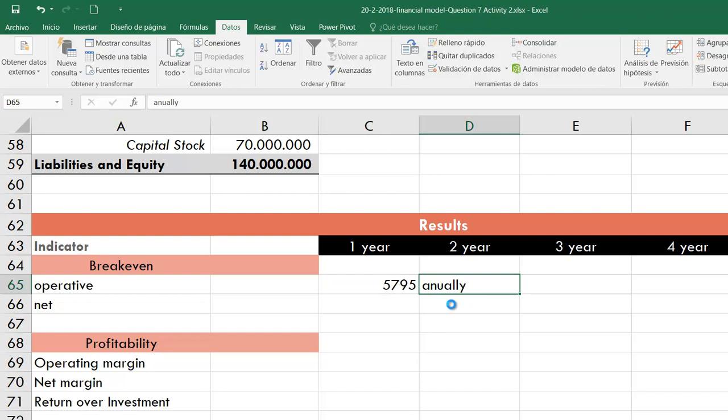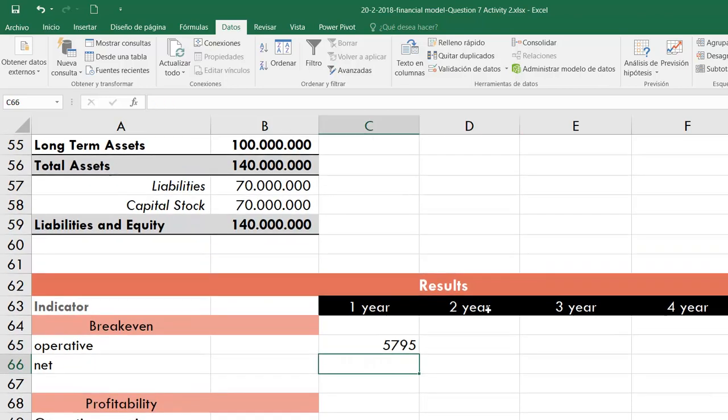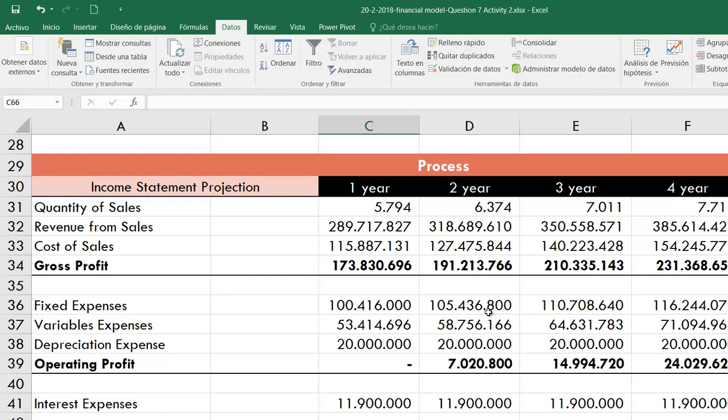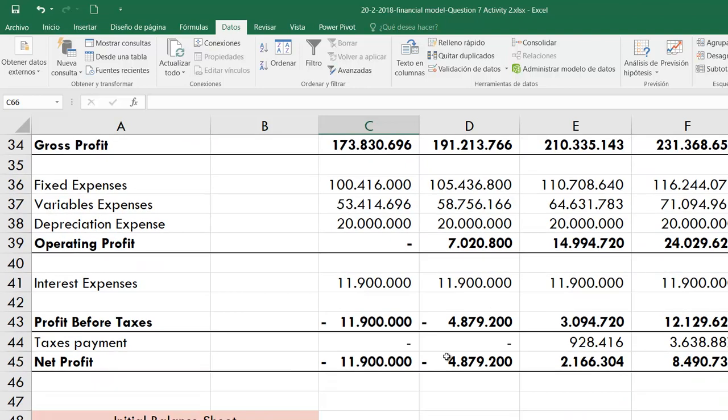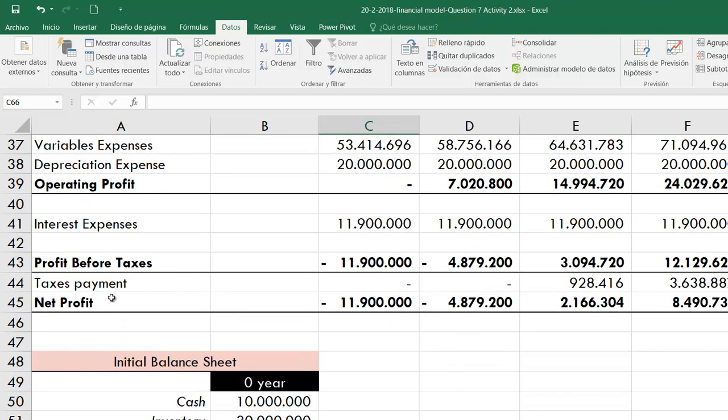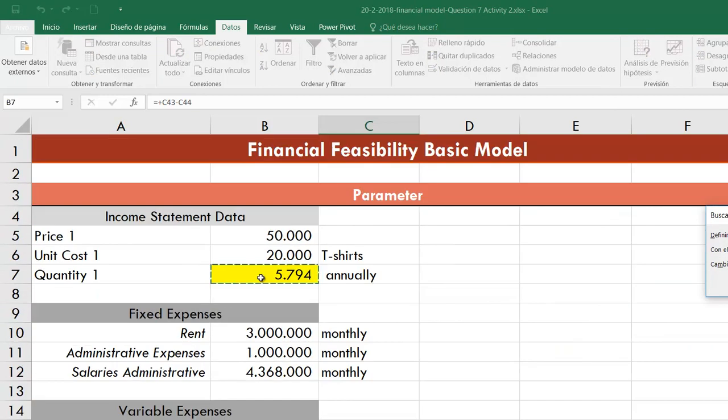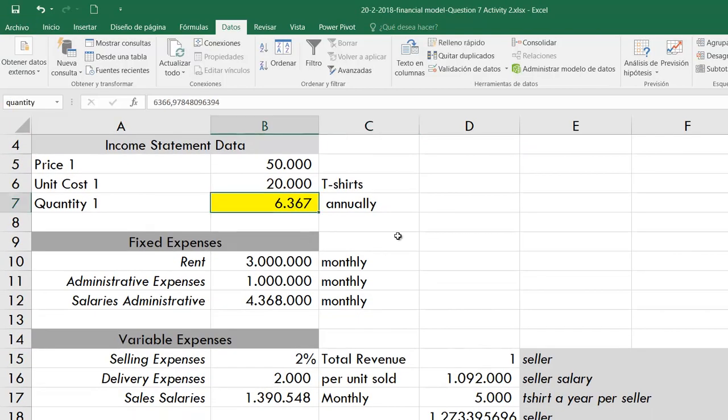So that data is for the first year, and the net will be different, because the net break-even point will use the net profit with a zero value. So again, What-If, Goal Seek, the value 0, changing the quantity, which is on top. So hit enter and go. It's a little bit more.